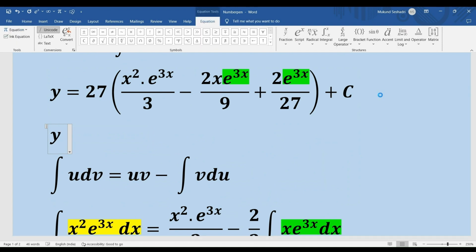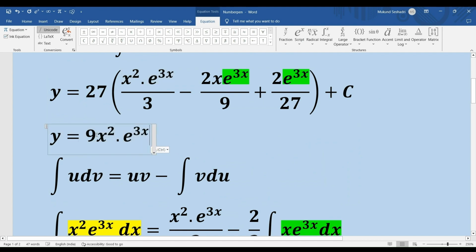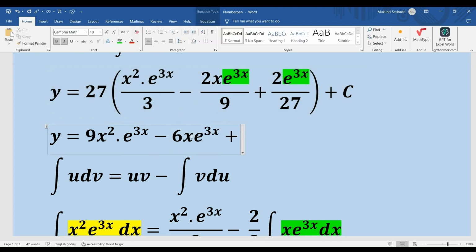My y becomes equal to, my first part of this expression becomes 9 times x square into e to the power 3x minus of 6 times x into e to the power 3x plus 2 times e to the power 3x, right?